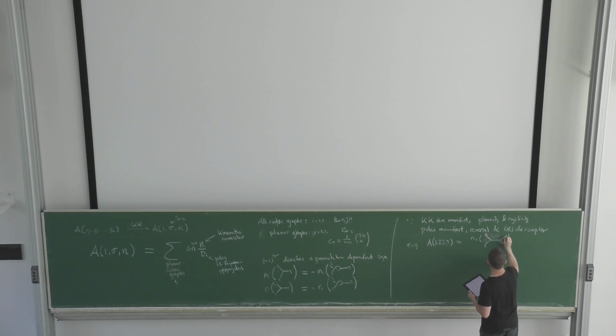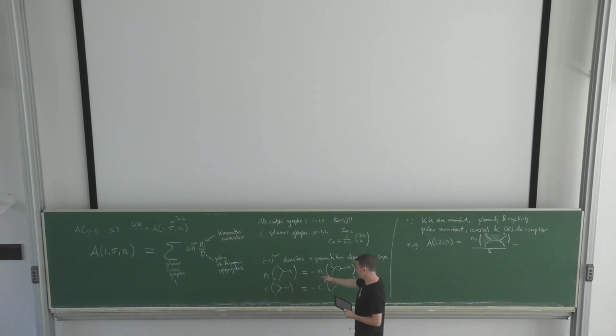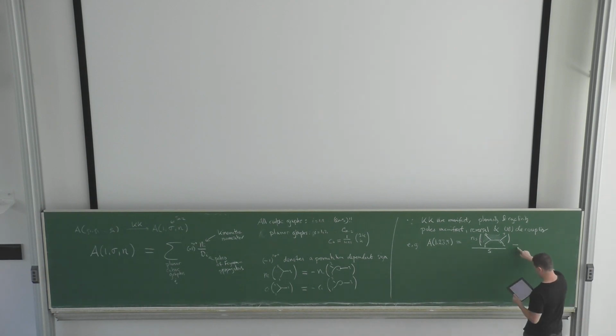This is my S channel, so this is sitting on top of 1 over S. And then it's convenient to put in a minus sign here, and it has to do with the fact that just flipping legs, you can get a minus sign. So let me put a minus sign there.